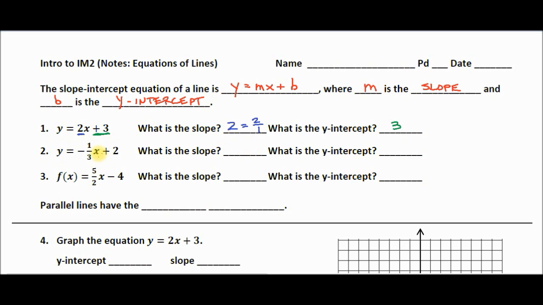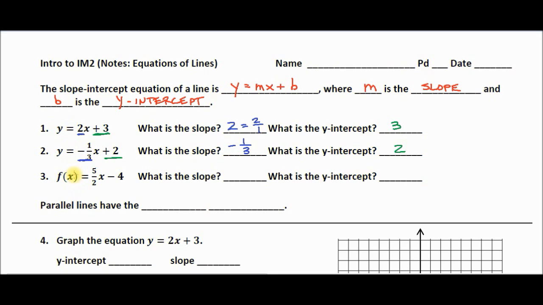Question number 2. What is the slope of this particular line equation? And here we go. The slope is the coefficient that's attached to the x variable. So the slope here is negative 1/3. And the y-intercept, or we cross the y-axis at positive 2. Last one. This is just a function. It's the same as y.